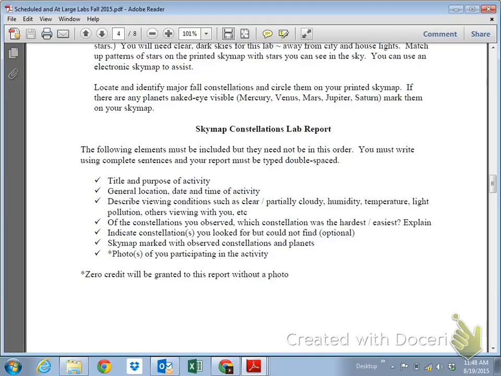Where were you when you observed the stars? What time? What was the date? General viewing conditions. Which constellations did you observe? Which were difficult, which were easy to find? Were there constellations that you tried to find and couldn't? And the check mark before the photo is this, and you circle these up.